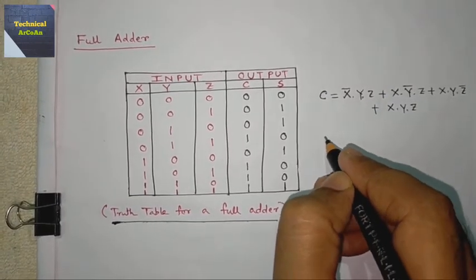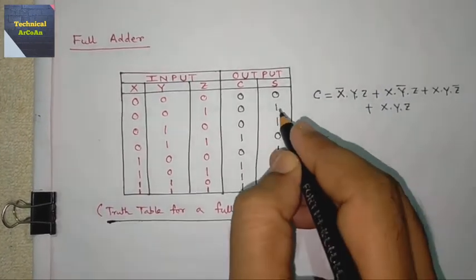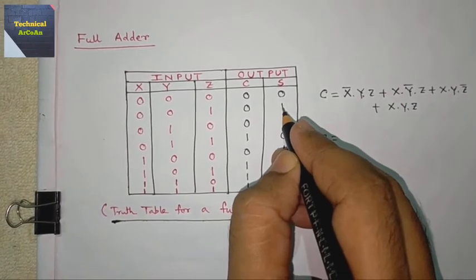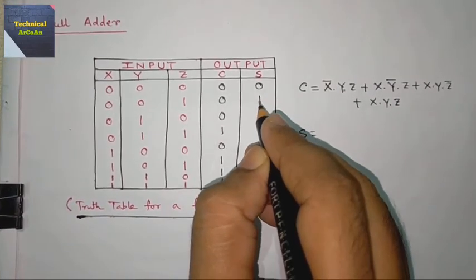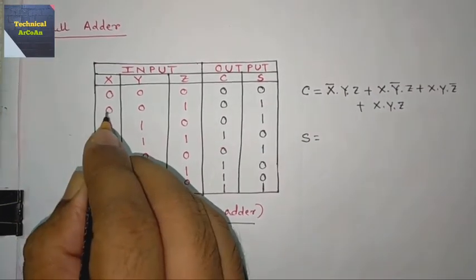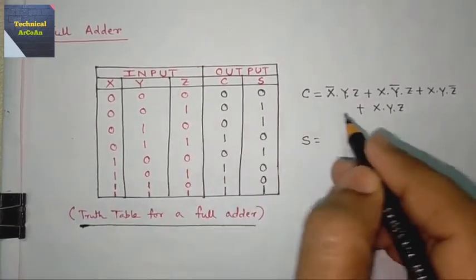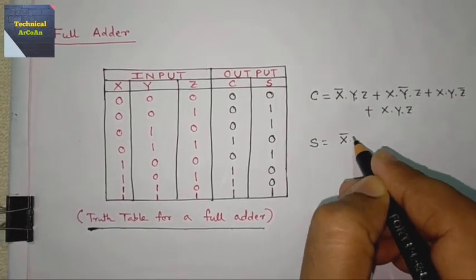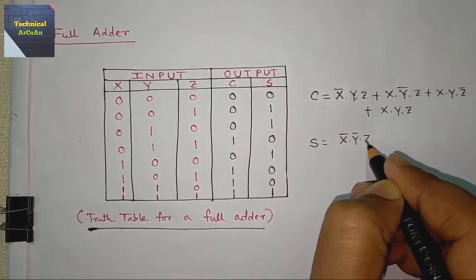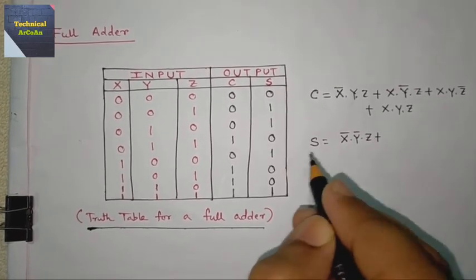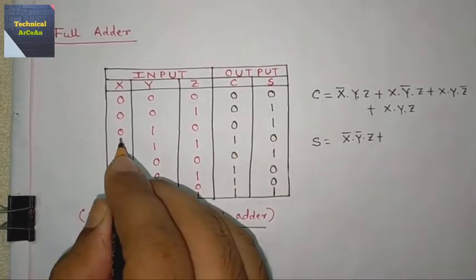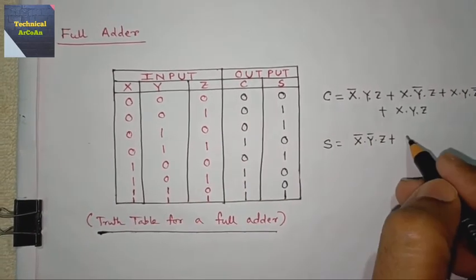Now we find out S. In that position we find out our product term. What is the position? X0, Y0 and Z1. X0 means X complement, Y0 means Y complement, Z1 means Z is normal. Plus, in that position X0, Y1, Z0.